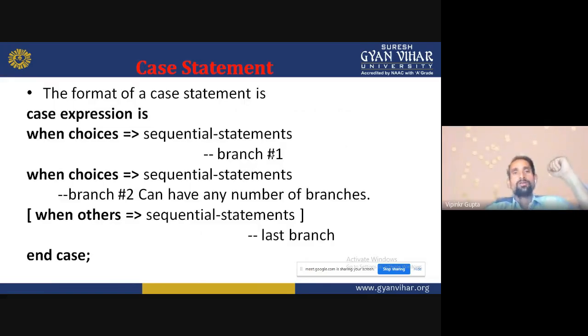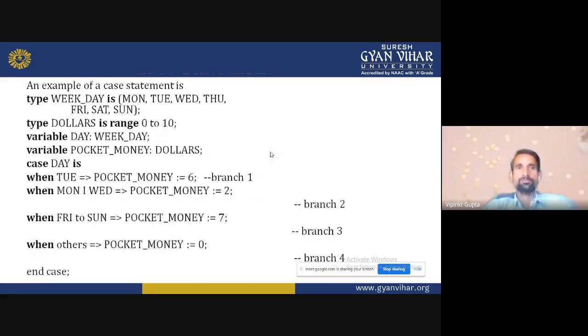Case statement. The format of a case statement is: case expression, when choice then sequential statements for branch 1, then when choice, sequential statements for branch 2. It can have a number of branches, like that we can choose one, and up to the last branch we can write like that, and then we can close the case. Here one example is given. Type big_day is Monday, Tuesday, Wednesday, Thursday, Friday, Saturday, and Sunday. Type dollar is range 0 to 10.